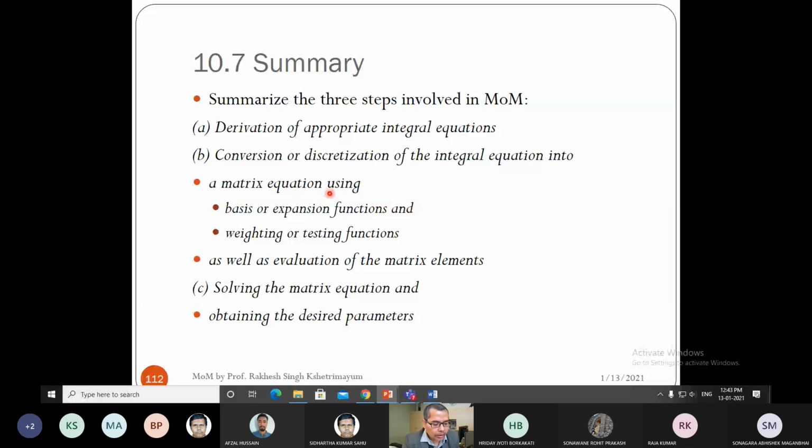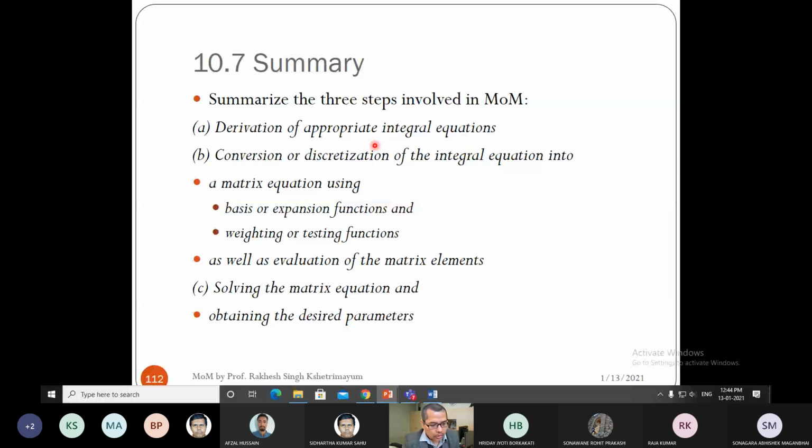Once you have the unknown function, you can find all the desired parameters. For example, for an antenna, you can find the unknown current density. From there, you can find the radiation pattern, and from the radiation pattern, you can find all other antenna parameters. So this is a three-step process. First, find the integral equation, then convert the integral equation to a matrix equation, solve the matrix equation, and find the desired parameters.